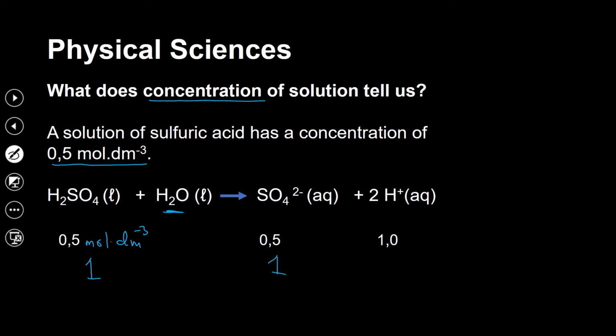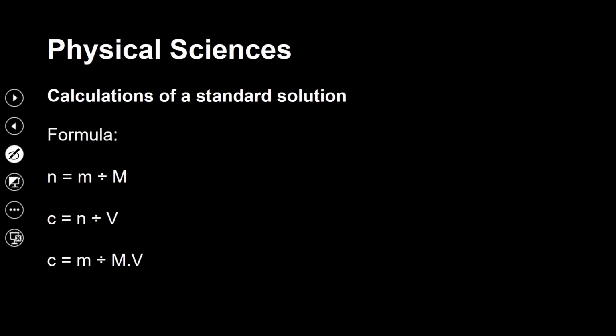Why is it that the concentration of the H+ ions is double that? It's because for every mole of sulfuric acid, there is double the number of moles of the hydrogen ions, which is why the ratio is 1:2. So this is what exactly the concentration of a solution tells us in as far as the standard solution is concerned, right?